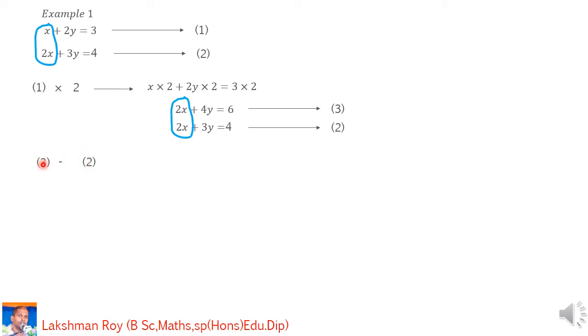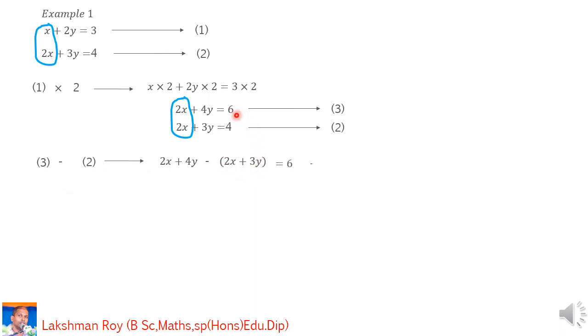So let's see the left hand side. Third equation left hand side is 2x plus 4y. Second equation left hand side is 2x plus 3y. Now you have to subtract here, be careful: 2x plus 3y is two terms, so you need brackets. When subtracting two terms, use brackets, it is very important. Right hand side 6 minus 4.